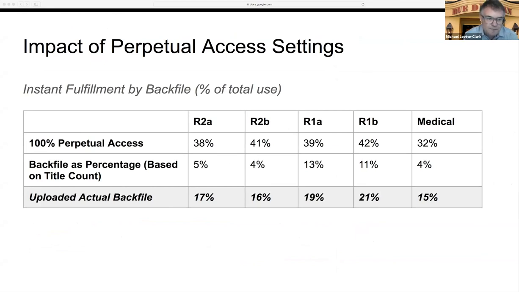If you include the perpetual access as 100%, it assumes that you have somewhere between 30 and 40% access to the backfile right up front. For the backfile as a percentage, based on the title count, where you assign a percentage, it's a very low amount available when you do your calculations. And when you do your uploaded backfile, it's somewhere in between those two.